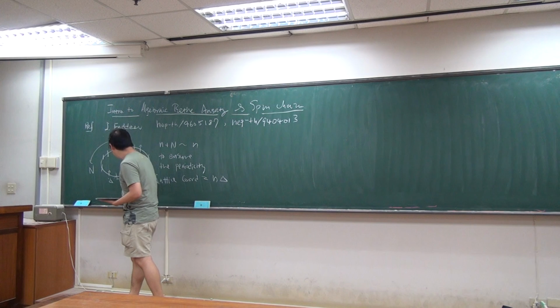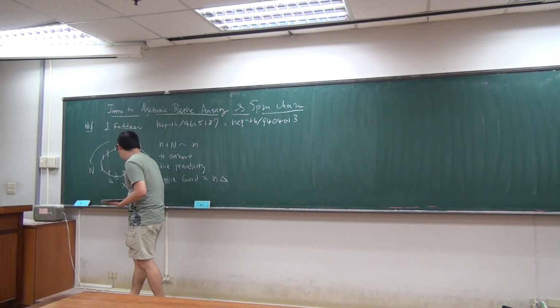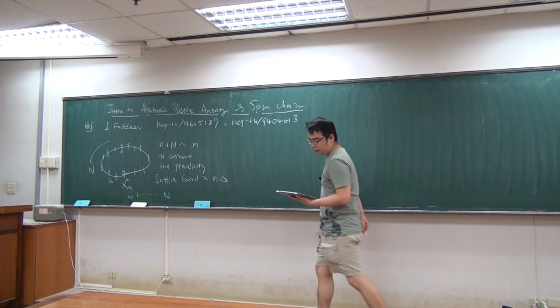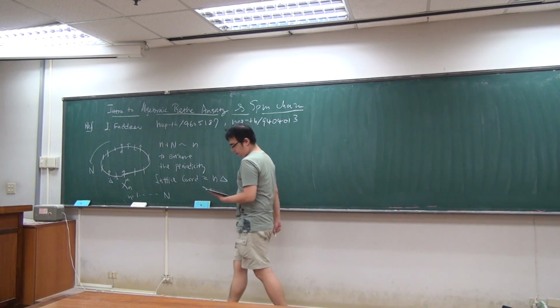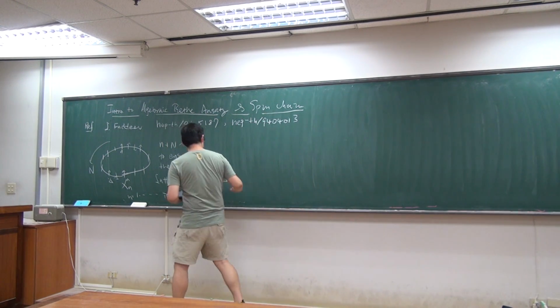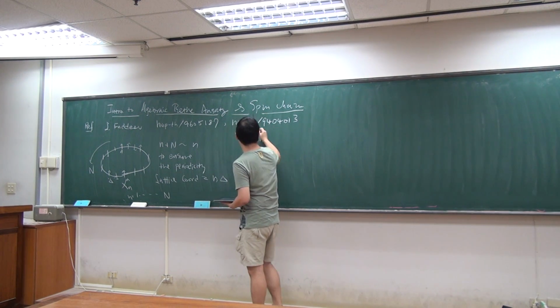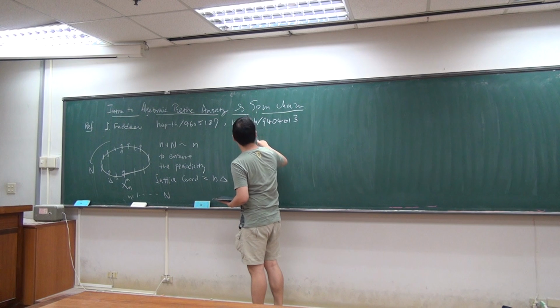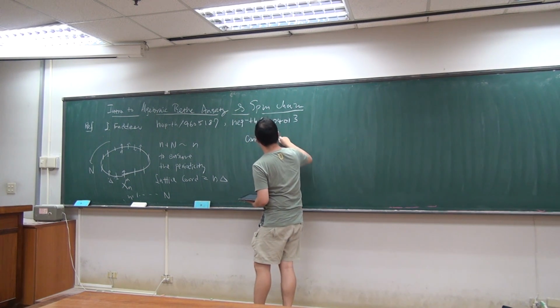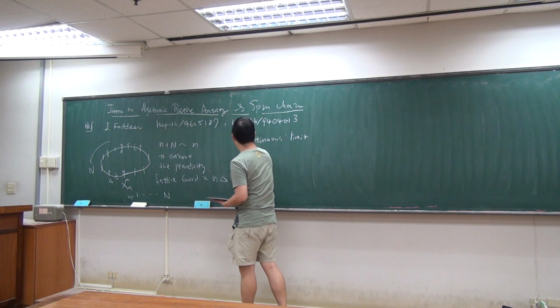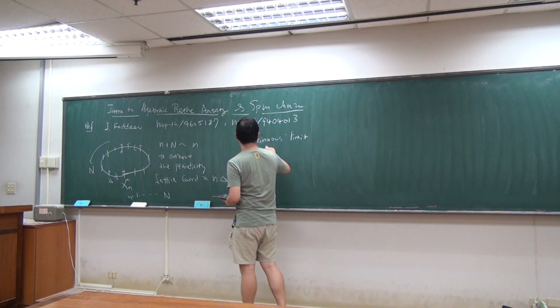So n can run from 1 to capital N. That's also obvious. And when we say the continuous limit, or sometimes people denote it the thermodynamical limit.